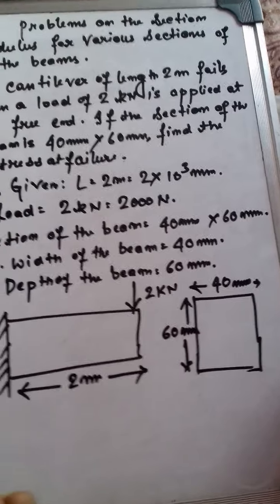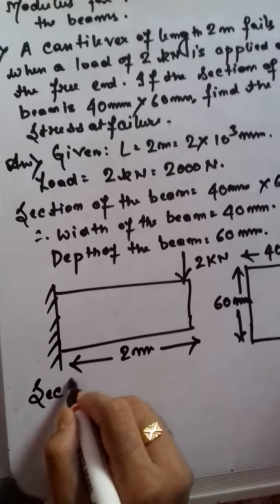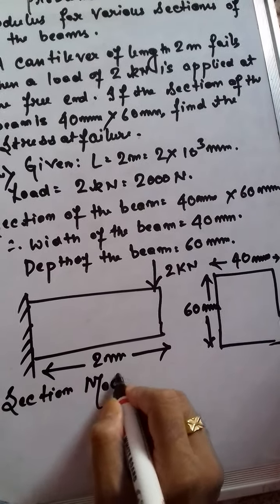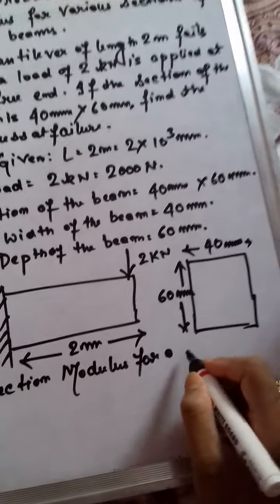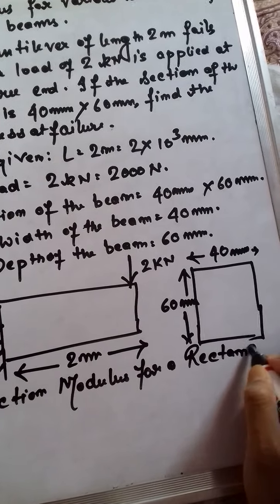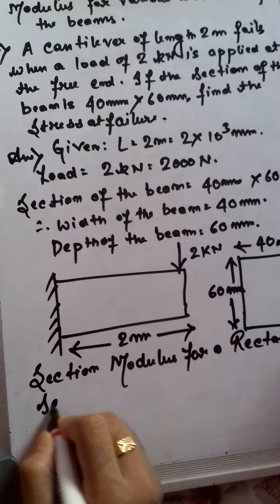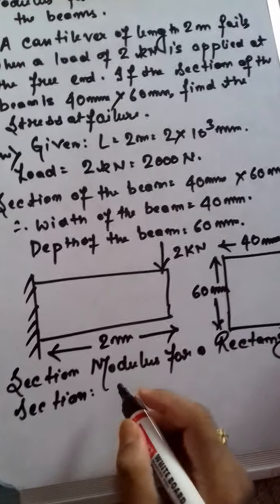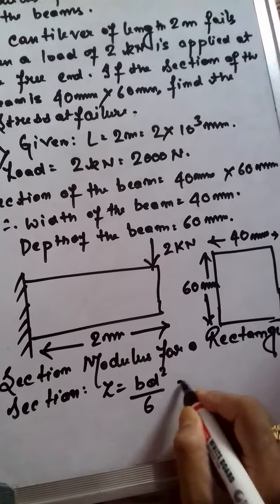Right. Okay. Now we know that the section modulus for a rectangular section, we have done in the last class. Z is equal to BD square by 6.